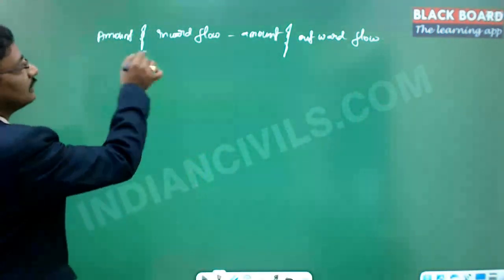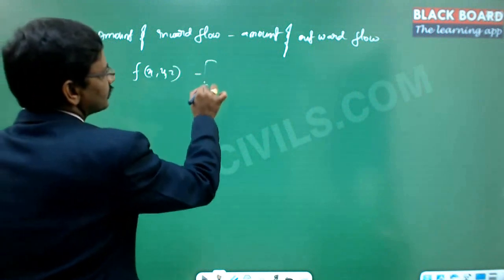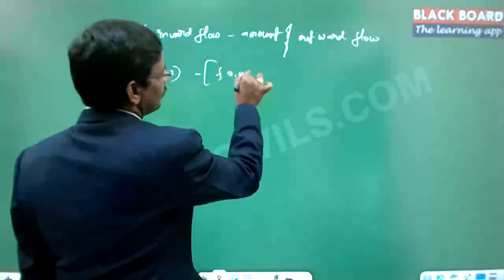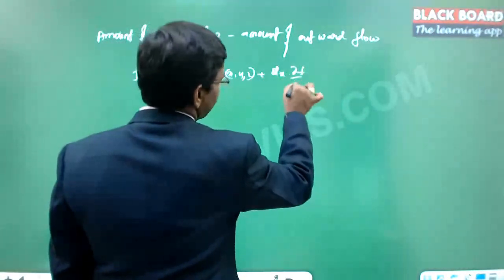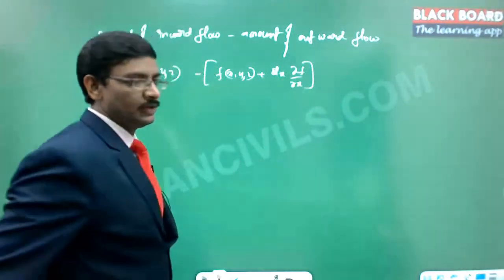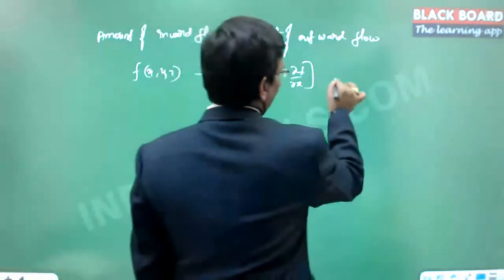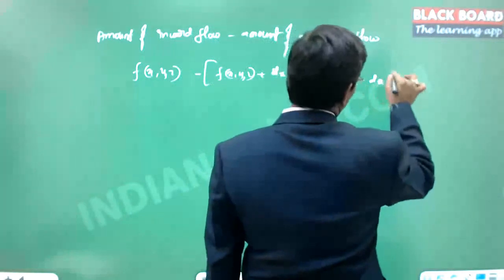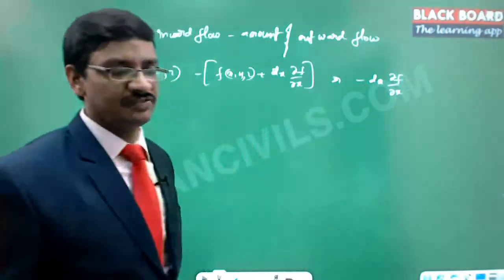So the inward flow is f of x comma y comma z, and the outward flow is minus f of x comma y comma z plus dx times dou f by dou x. Now if you do it, this results in minus dx into dou f by dou x.